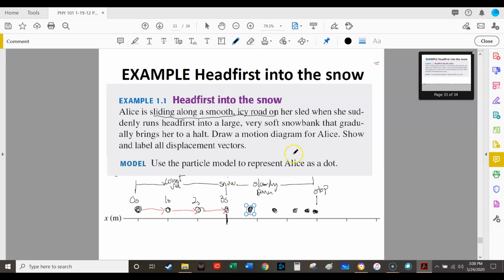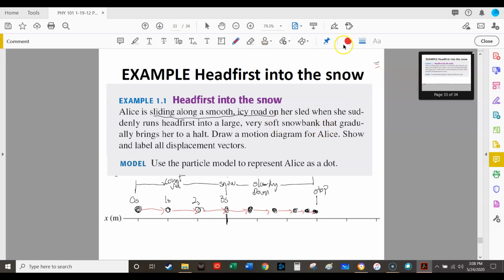This is slowing down. I'm going to go ahead and draw those vectors. Her displacement vector is getting smaller over time, and then it's just a really small vector there.